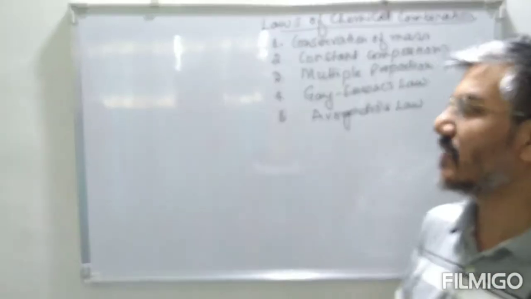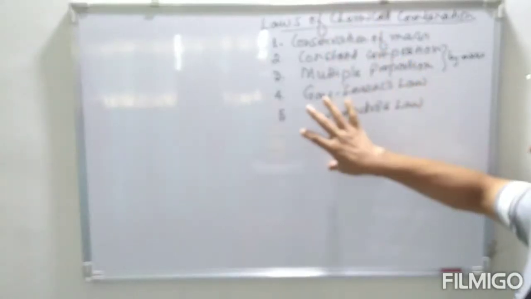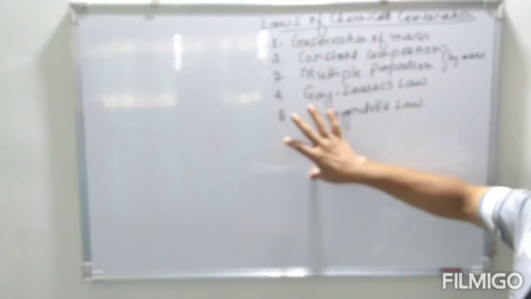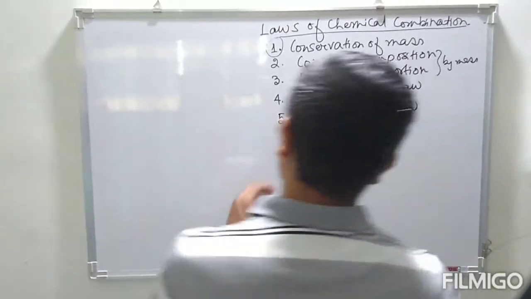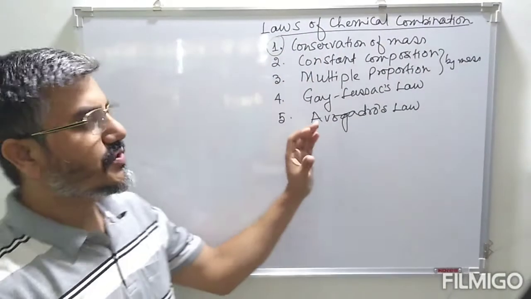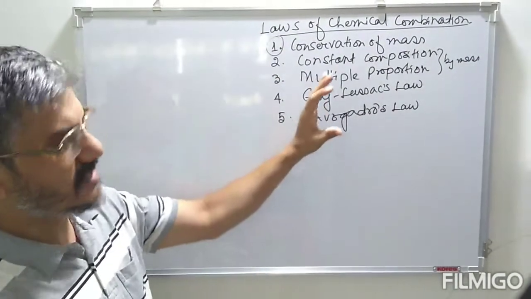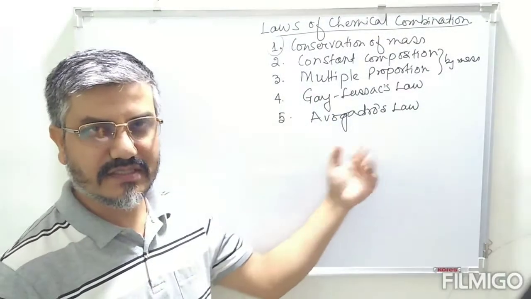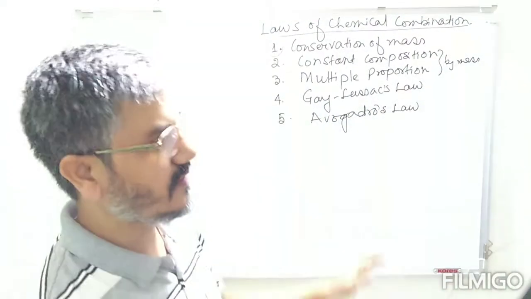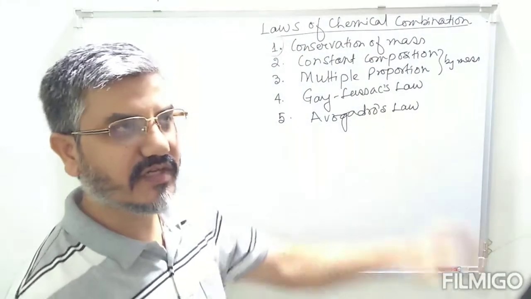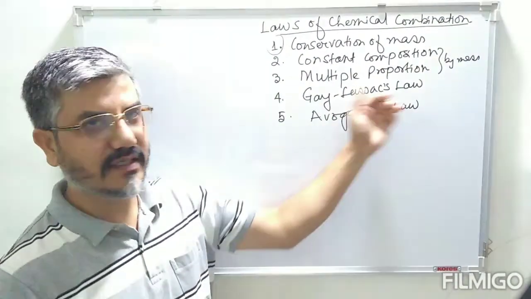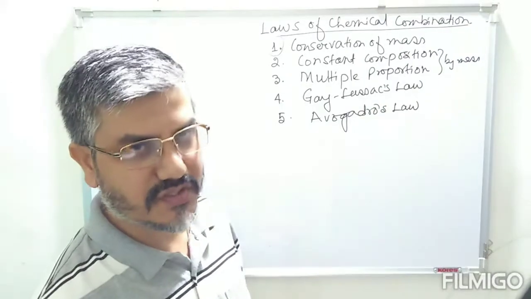So we are going to discuss in detail what these laws of chemical combination basically mean. First of all, let's take up the conservation of mass. This law of conservation of mass is what we call the indestructibility of mass. This is a universal law, which says in any given chemical reaction, mass can neither be created nor destroyed.